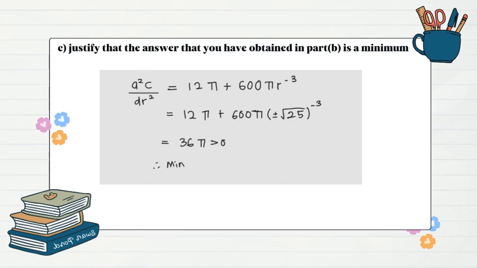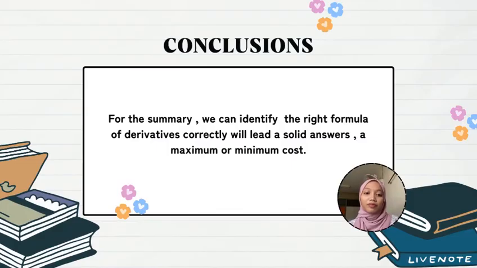Now, clearly this is going to be positive, however we do actually need to get the mark. So it equals 36 pi, which is greater than 0. Therefore, it is a minimum. For the summary, we can identify the right formula. Differentiating correctly will lead to a solid answer, a maximum or minimum cost.